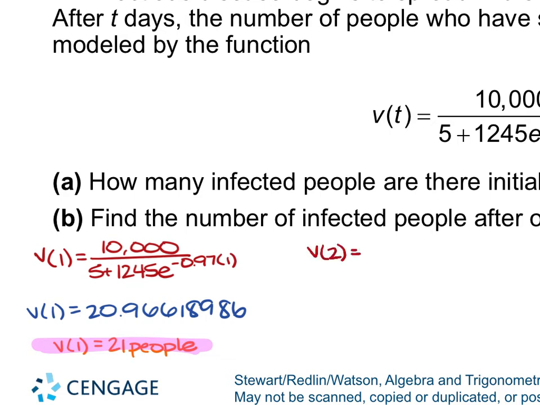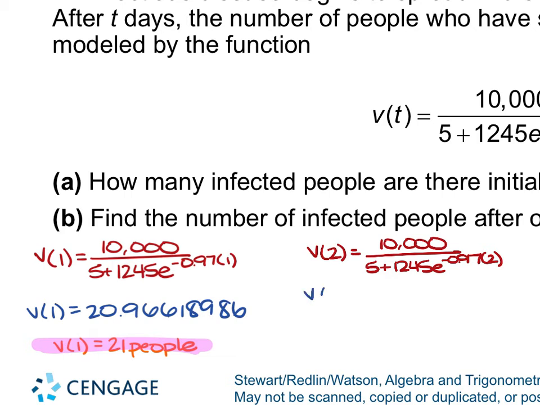Next, we're going to find the amount of people that are infected after 2 days. So we're going to plug in the 2 for T. So this is going to give us 10,000 over 5 plus 1245 times e to the power of negative 0.97 times 2.